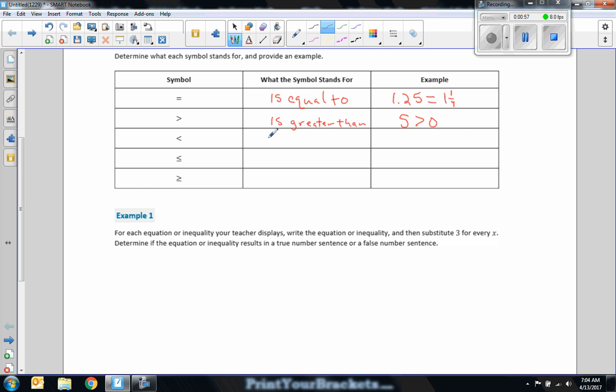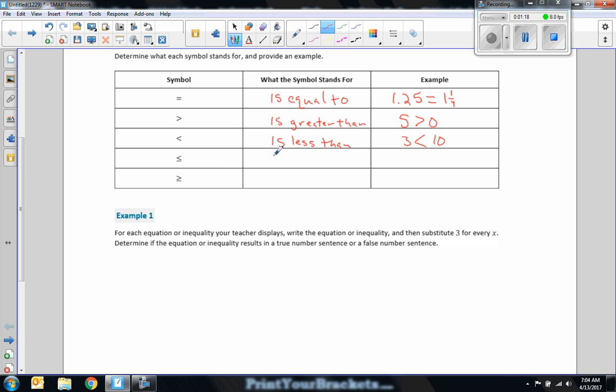This symbol here is less than. An example would be 3 is less than 10. Okay.